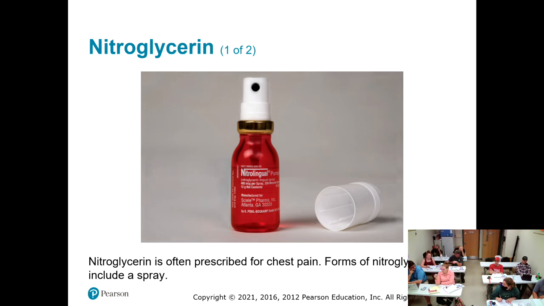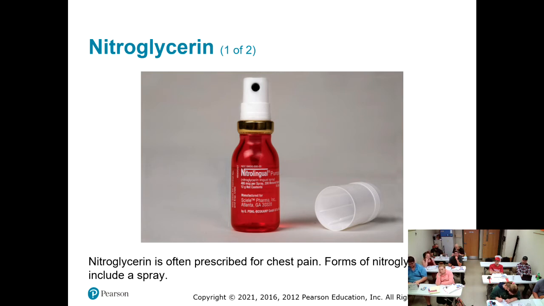So nitroglycerin is 0.4 milligrams that you're giving. The sublingual route, that means they're lifting up their tongue and you're literally just placing it under their tongue and just let it dissolve. Side effects of that, a headache is common. Okay, that's a normal side effect. Pretty much every patient I've given nitro to has experienced some form of a headache. That's normal. And then the other thing we're looking at is their blood pressure.